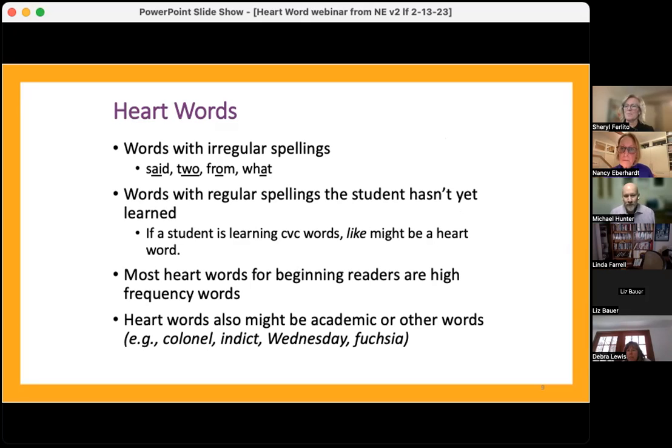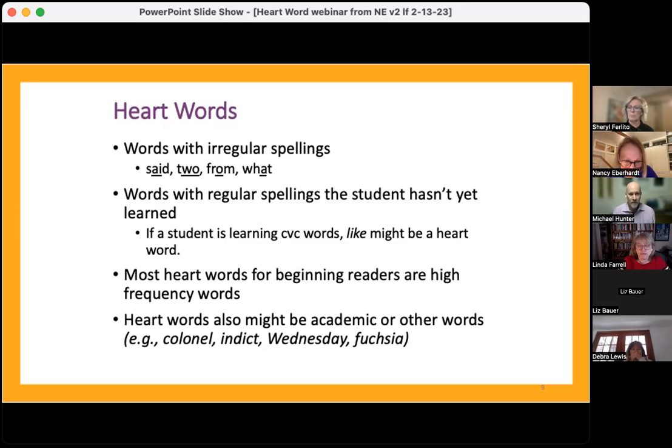Okay. Heart words with regular spellings that a student hasn't learned yet. This is one of the big things for those of you that know what we do with heart words: a lot of the high frequency words are actually decodable. And we don't need to teach those as heart words unless a student needs that word before they learn the spelling pattern that's in that word.